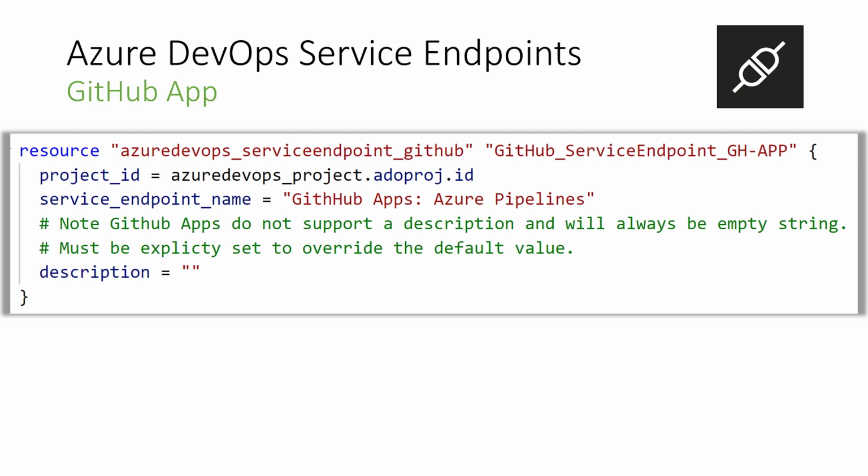And then finally, we have another option with a GitHub app type of service endpoint. Now, this is a little bit different.